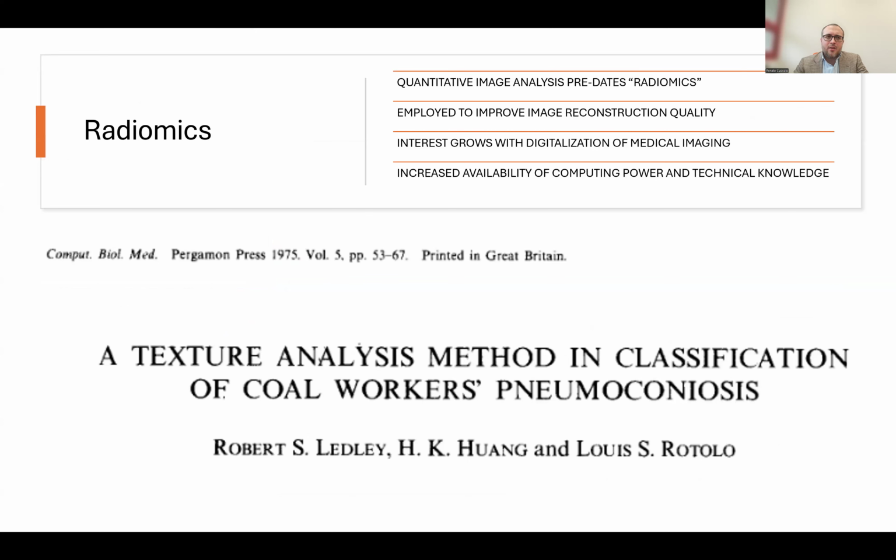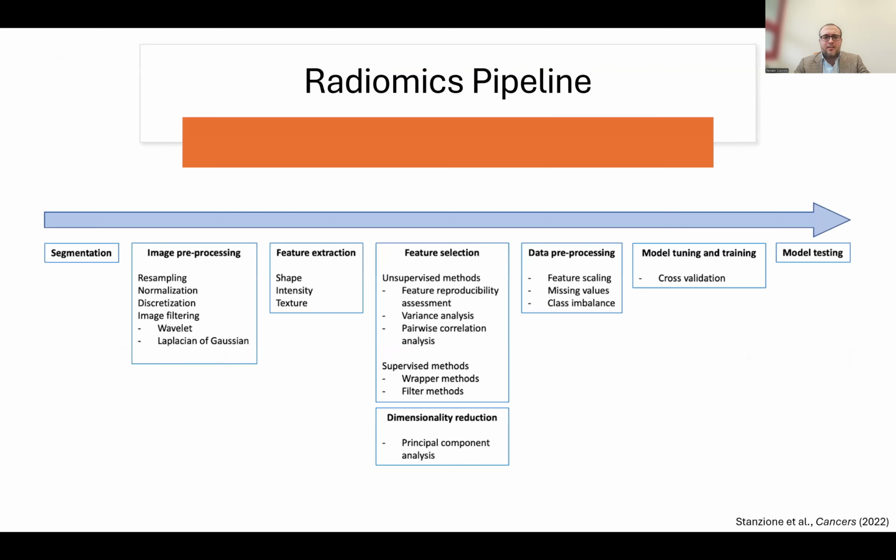It is, however, important to note that quantitative image analysis predates the concept of radiomics. And this is the first paper I was able to identify explicitly mentioning texture analysis. And as you can see, it's from 1975. What has changed over the years is the digitalization of radiology and increased availability of computing power, which has obviously greatly helped us develop these techniques and bring them to clinical practice.